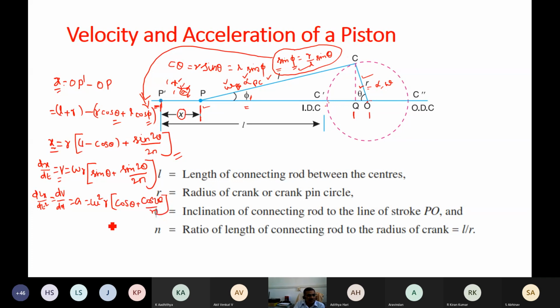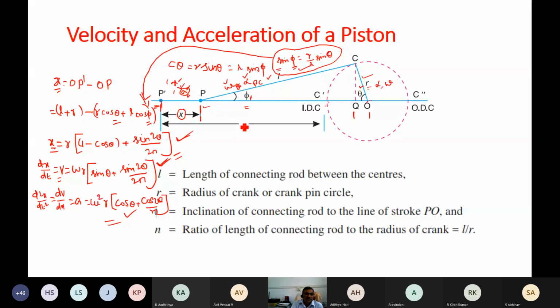So this will be the equation. Now we have the equation for displacement, for velocity of the piston and acceleration of the piston.